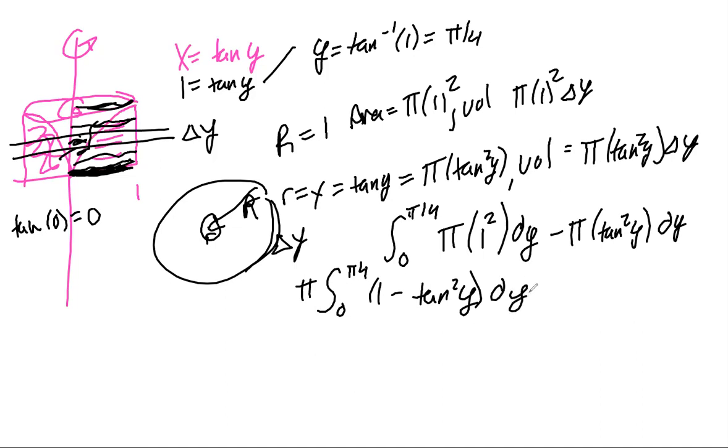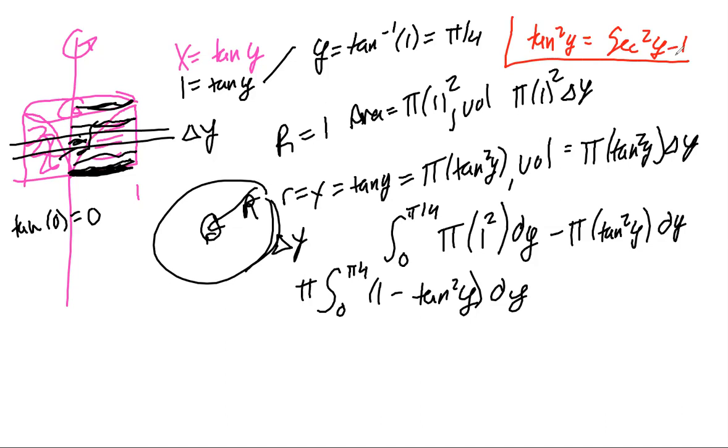We don't know how to directly integrate tangent squared, but what I can tell you from a little bit of trig and the Pythagorean theorem is that tangent squared y equals secant squared y minus 1.